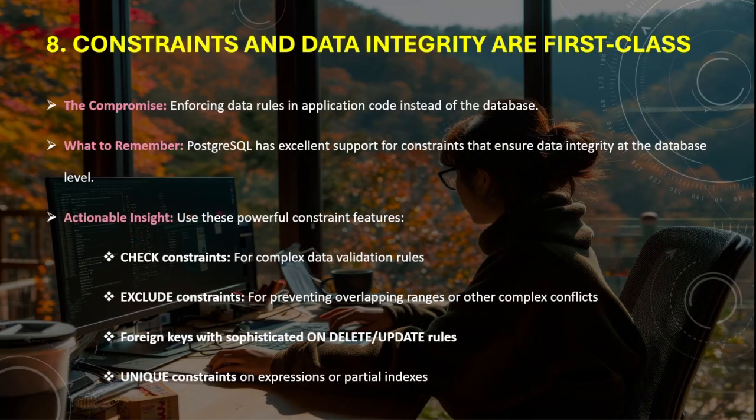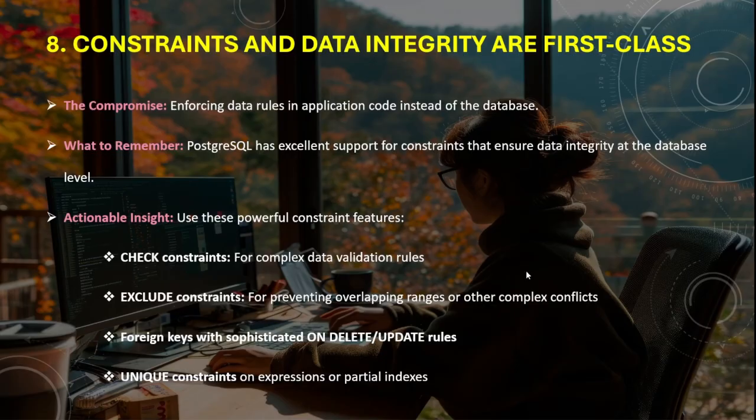Beyond the standard primary and foreign keys, you can create check constraints for complex validation and powerful exclude constraints to prevent things like double booking a room or overlapping time periods. This ensures data integrity at the source itself, no matter how many applications touch the database.